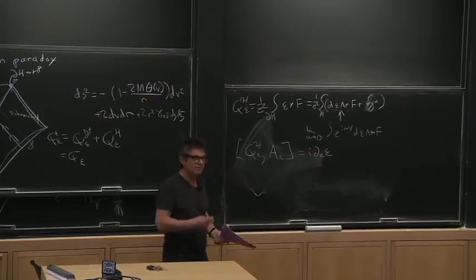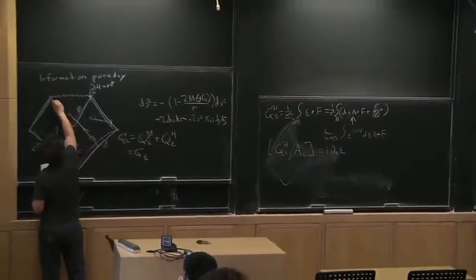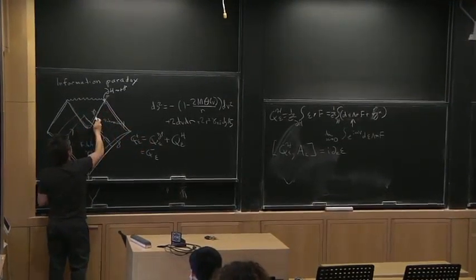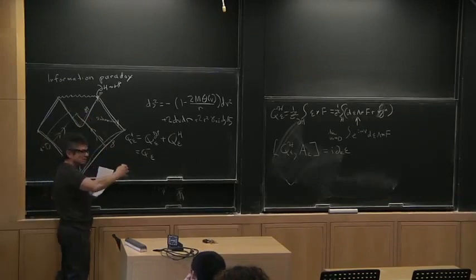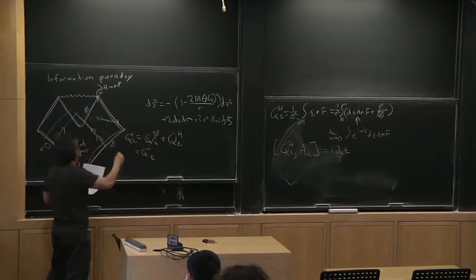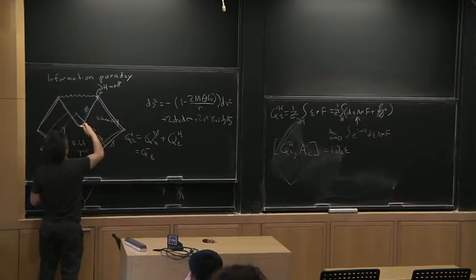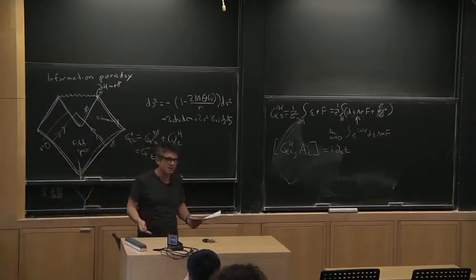If you act on this space with this operator Q_H epsilon, it won't change the energy. It commutes with the Hamiltonian. We know that because we can write it as a boundary integral up here. But it's a photon, so it will change the angular momentum by 1 unit.